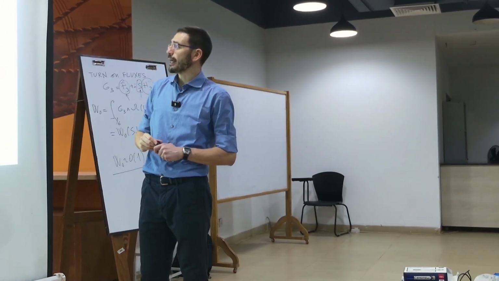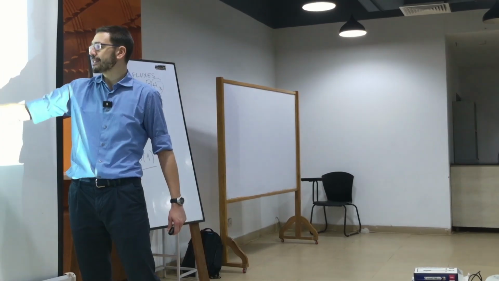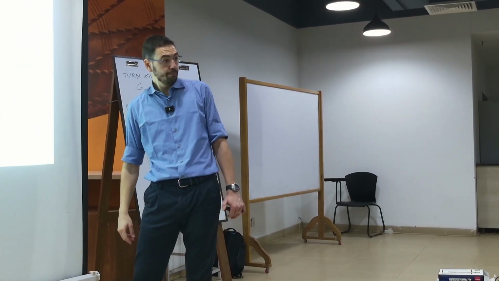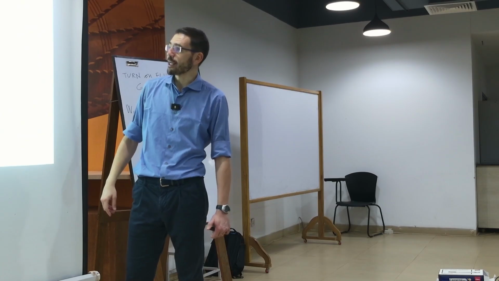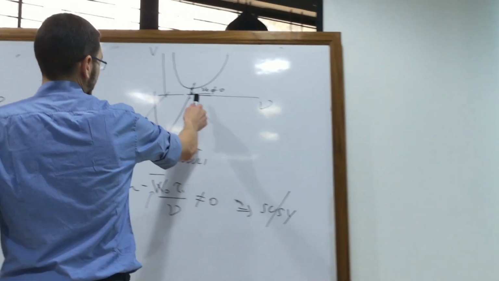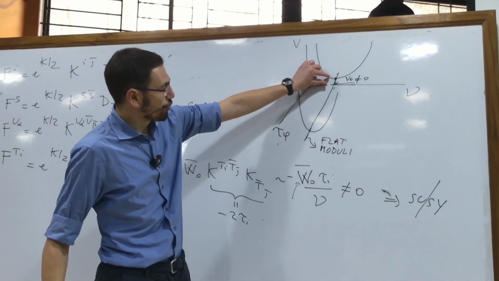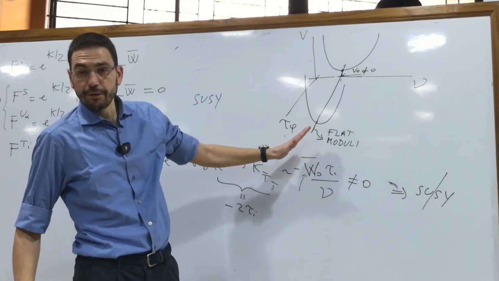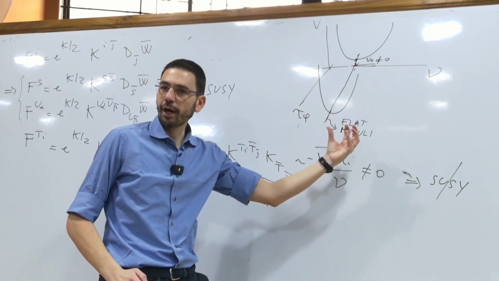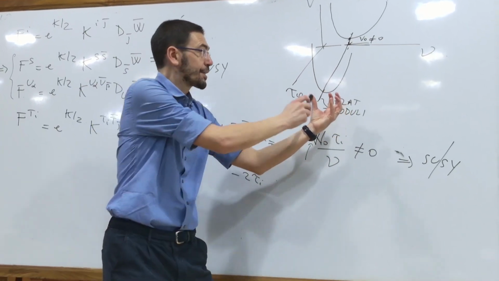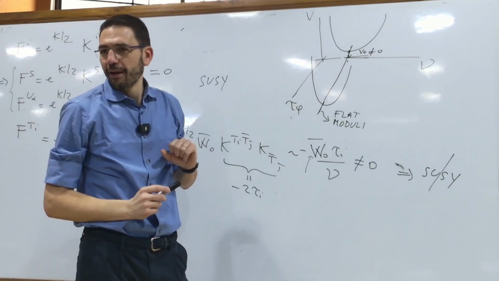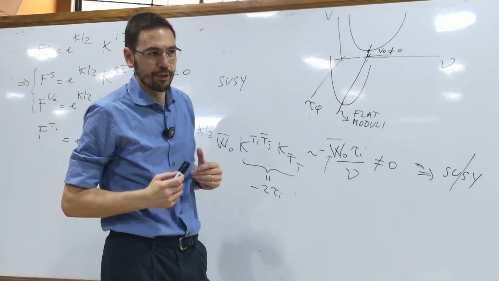But basically, the total potential in the end should have a Minkowski vacuum. So this basically is telling you that this V0 here is positive. Then when you lift this flat direction, in general, this gives you a negative contribution that is counterbalanced by V0 to get basically a Minkowski minimum.